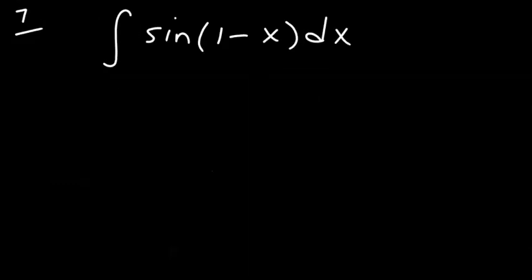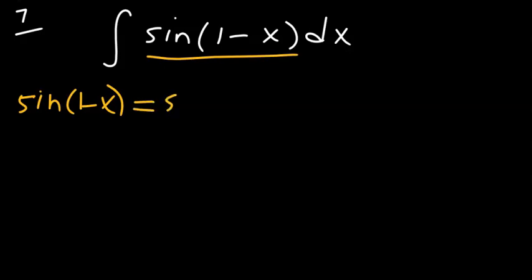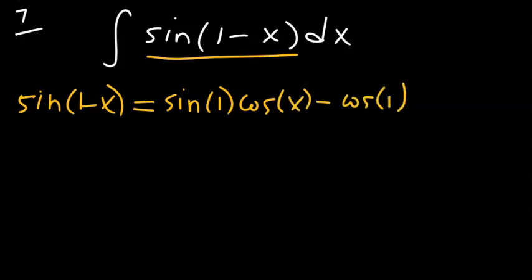Let's do problem 7. First, we need to use trigonometric identity to expand that, and that's going to give you sine 1 minus x is just sine 1 cosine x minus cosine 1 sine x.